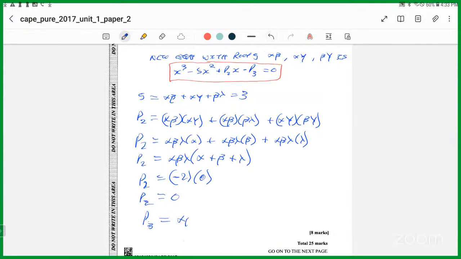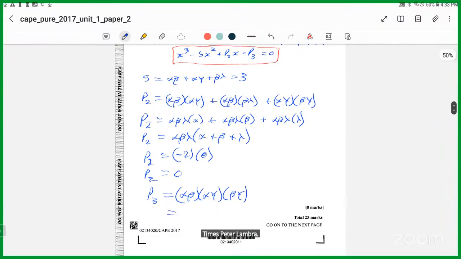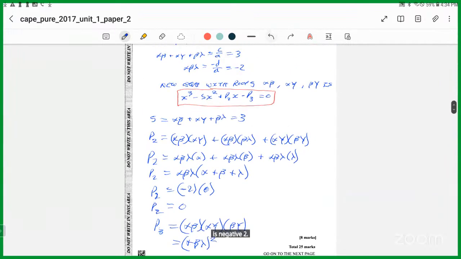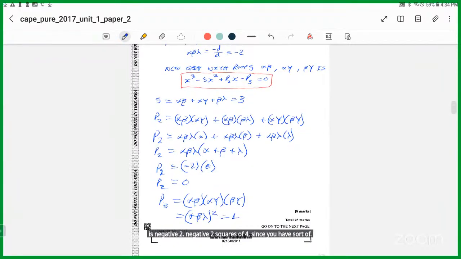So it's alpha beta times alpha lambda times beta lambda, which becomes alpha beta lambda squared, right? Because it's alpha squared, beta squared, lambda squared. And alpha beta lambda from before is negative 2. Negative 2 squared is 4, so it works out to be 4.